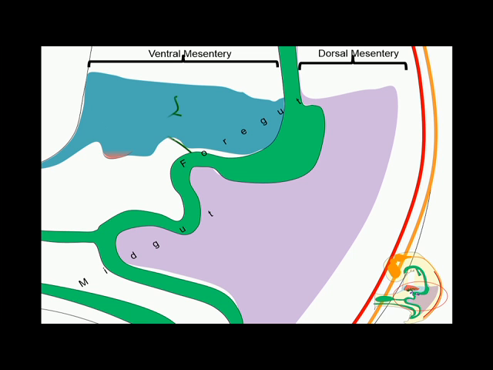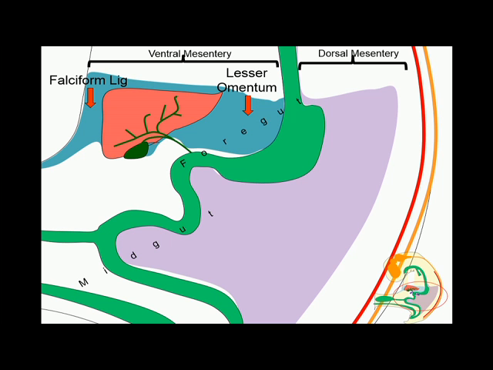Then the liver and the hepatobiliary system develop into the ventral mesentery like that. Right? So the liver, which developed from the GIT, grows into the ventral mesentery and splits the ventral mesentery into two. An anterior component called the falciform ligament, and a posterior component which attaches the stomach and the liver.